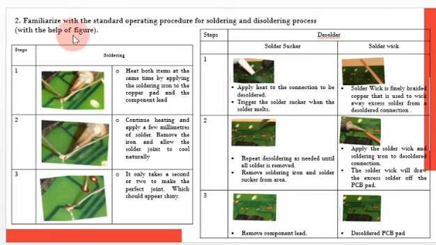The second question is to familiarize with the standard operating procedure for soldering and desoldering process with the help of a figure. So this one is the soldering. First step is to heat both items at the same time by applying the soldering iron to the copper pad and the component lead.